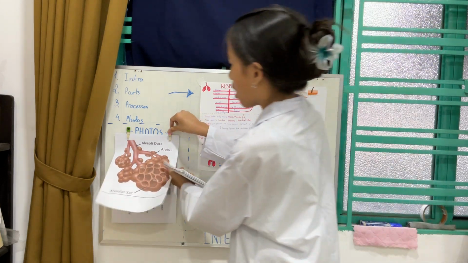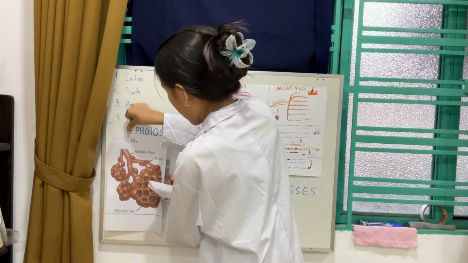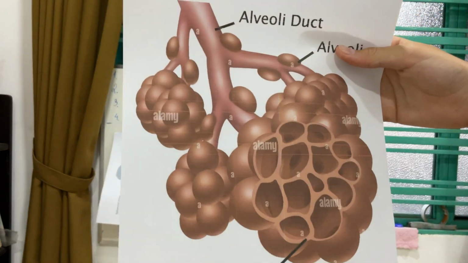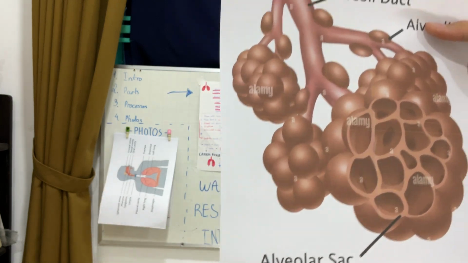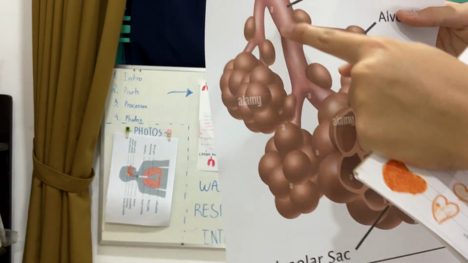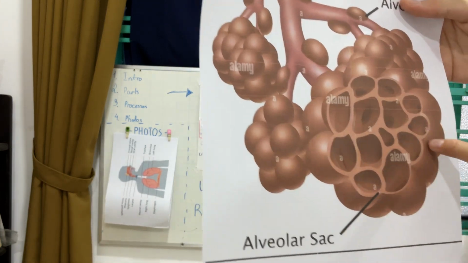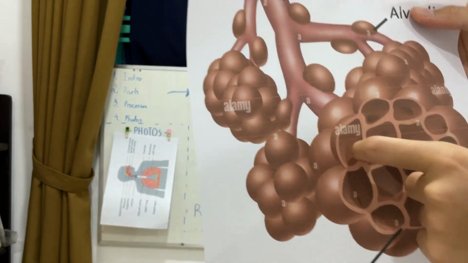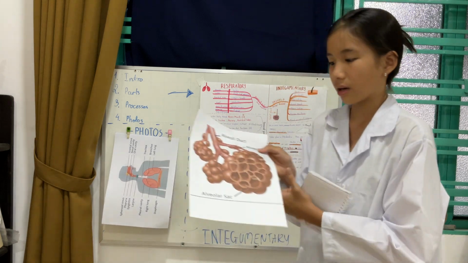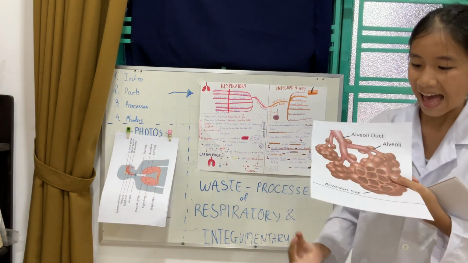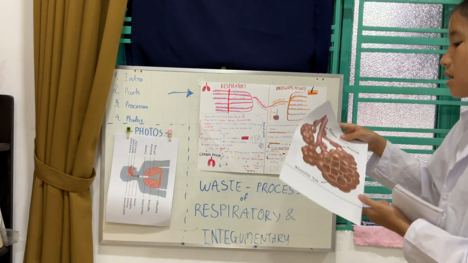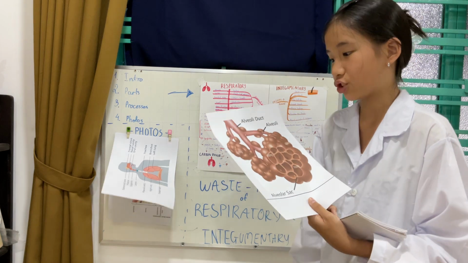Now, here's a picture of the alveoli air sac. As you can see here, it's just a model of how we think the alveolar sacs are. There's little tubes here connecting to these little sacs, and in these little sacs, as you can see here, the oxygen will travel out through the walls of the alveolar sacs and into the bloodstream.